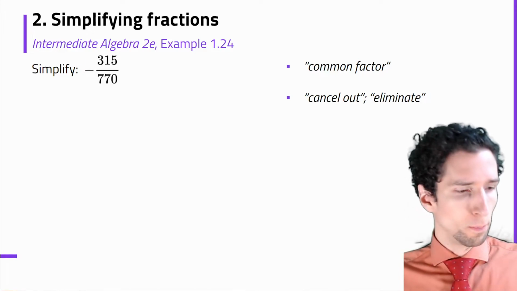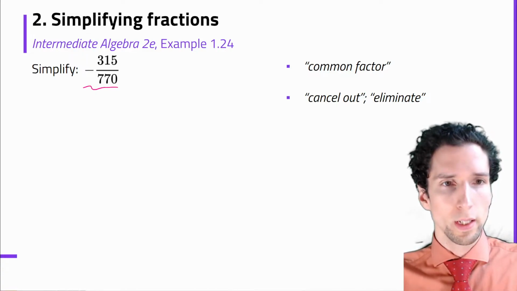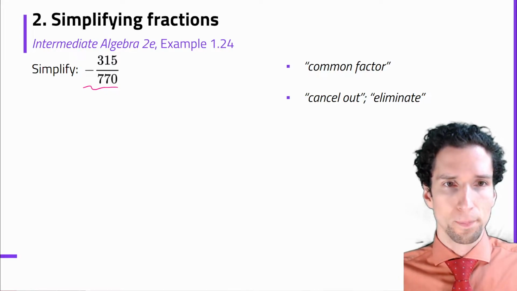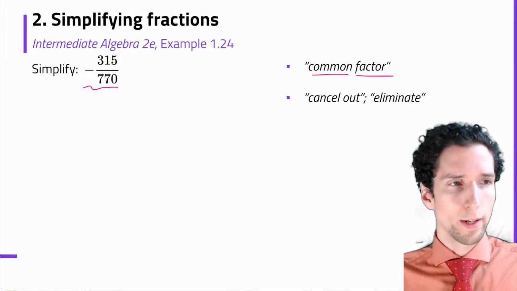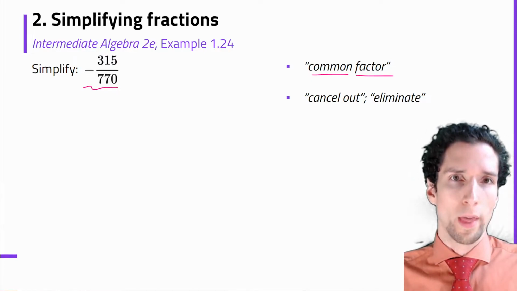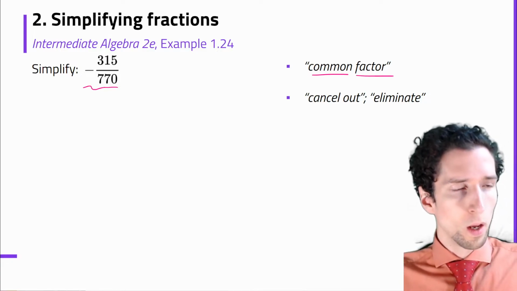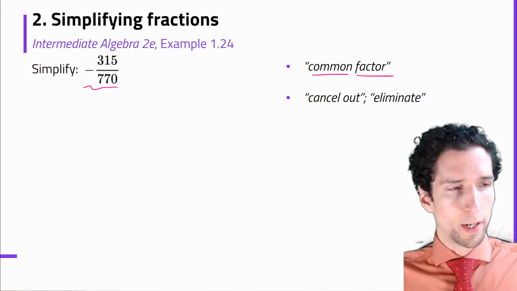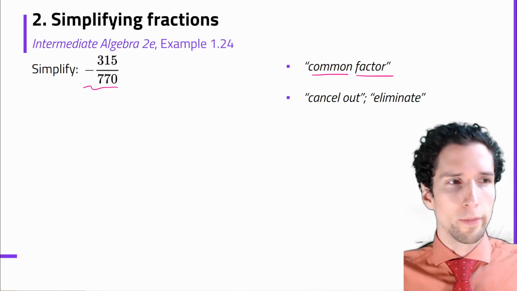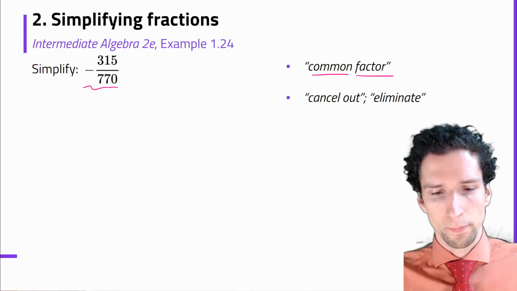All right, so simplifying fractions, just intuitively, we want to look for a common factor, another term here. A common factor is any number that can evenly divide both of these. So first we can just look for actual factors, like 315. Well, what can we evenly divide that by? Just intuitively in your head, you can probably see some stuff.